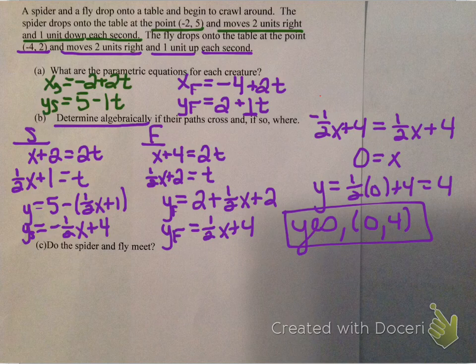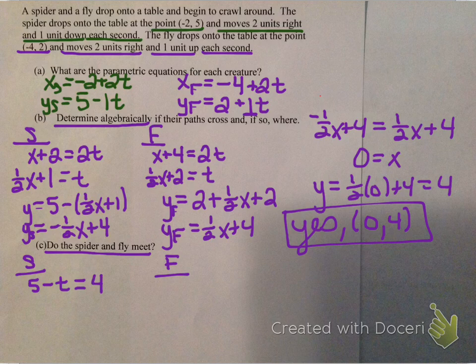So when I want to know if they meet, I just need to know when they're each at that point. For each of them, the spider and the fly, I simply choose one of their equations and set it equal to the correct coordinate. So let's say I took the spider's y equation. The spider's y equation was 5 minus t, right? And I want to know when it's going to be equal to the y coordinate of 4.